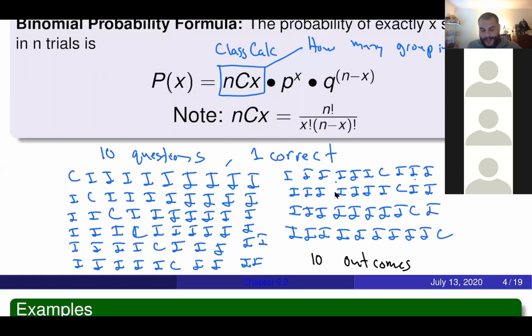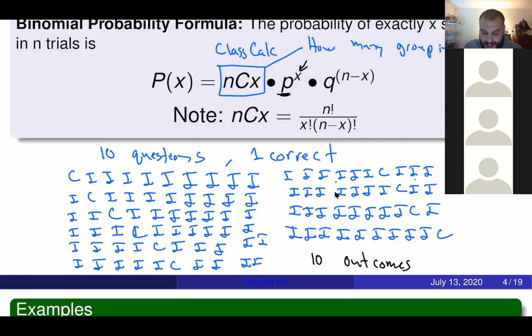All right. So let's go over the rest of the formula. So if you look right here, p is the probability of success. And you want to take this to the x power, where x represents how many successes you want. So you go p, the probability of success, to whatever power, how many of those successes you want.